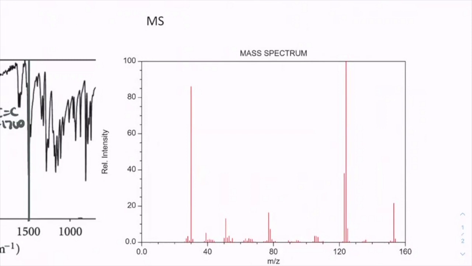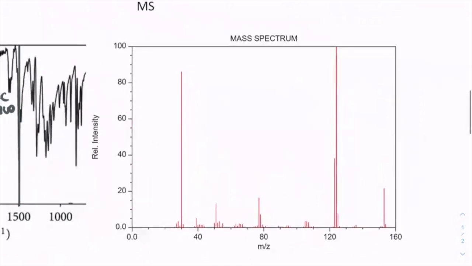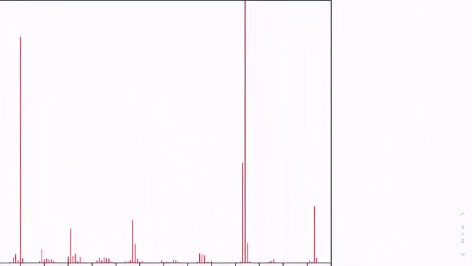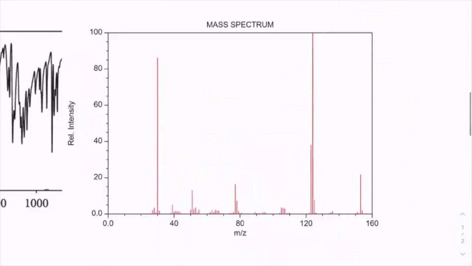Maybe just to confirm the parent peak or whatever. So that's at like here, actually. 153 m/z. Its peak 1 is 2, 3. 123. That should probably match the molecular ion of 123.